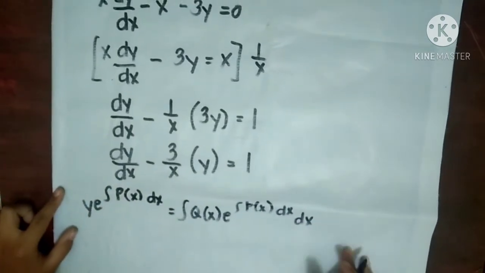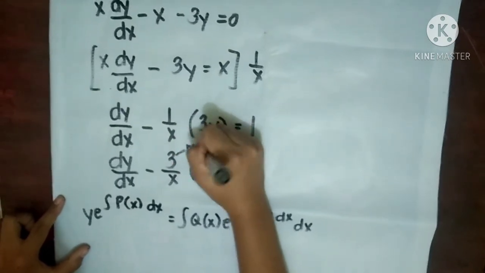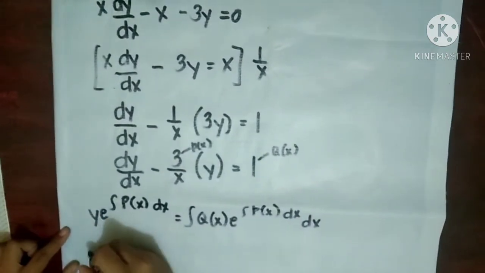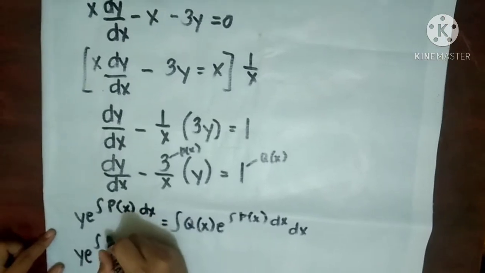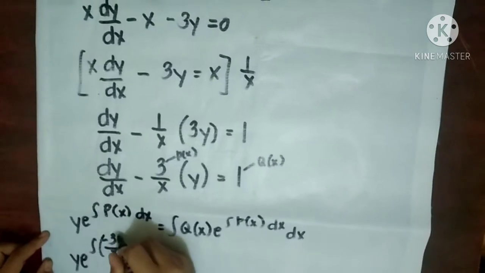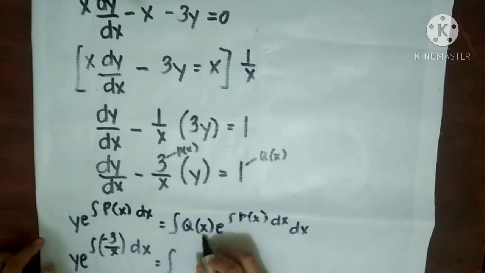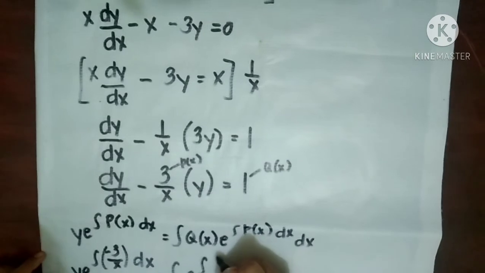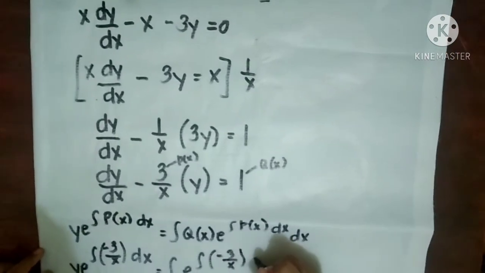So we will substitute because we have our p of x and our q of x. So y times e raised to the power of the integral of p of x, which is negative 3 over x dx, equals the integral of q of x, which is 1, times e raised to the power of the integral of negative 3 over x dx.